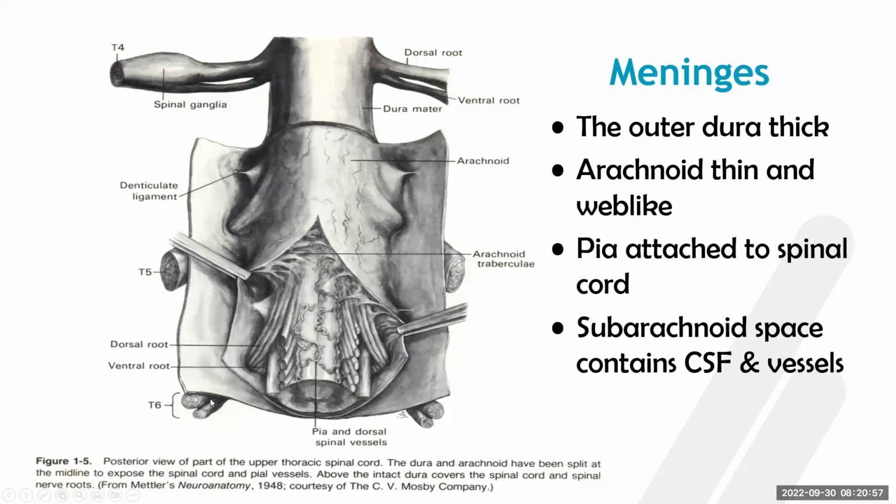And in fact, the spinal nerves carry with them a covering from the dura and a little bit of arachnoid, but it disappears later, and then we just have the dura and pia. The dura and arachnoid are fused together to form the covering of the nerve, which is the epineurium, or the capsule of the nerve.